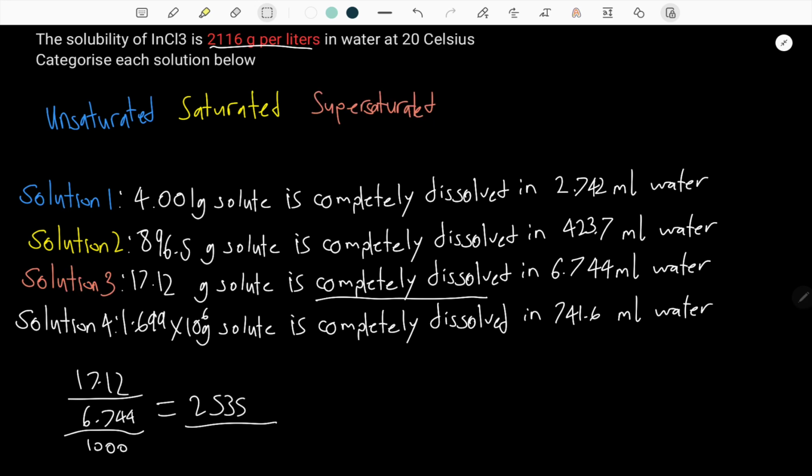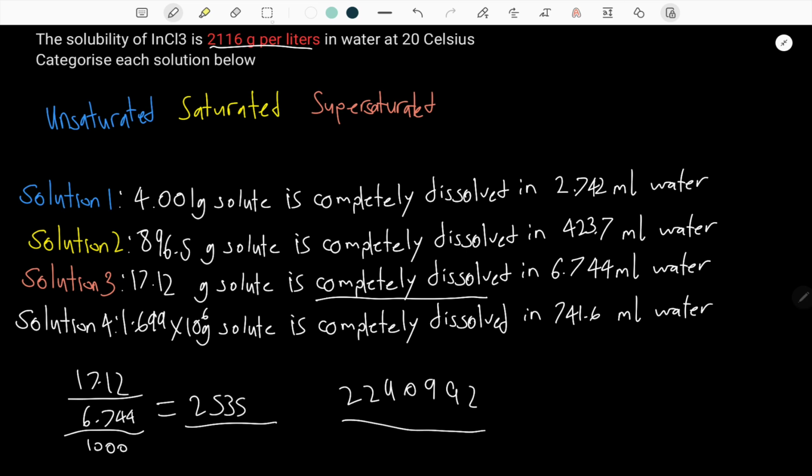Now finally the last solution, which is 1.699 times 10 to the power of 6 divided by 741.6 divided by 1000 to convert it to liters, and we get a huge answer here actually, which is 2290992, which is way more than this.